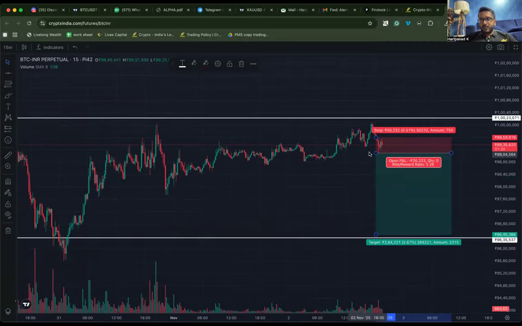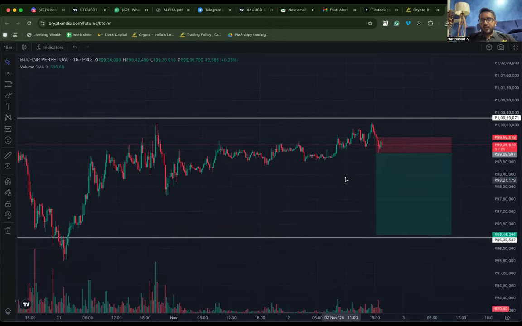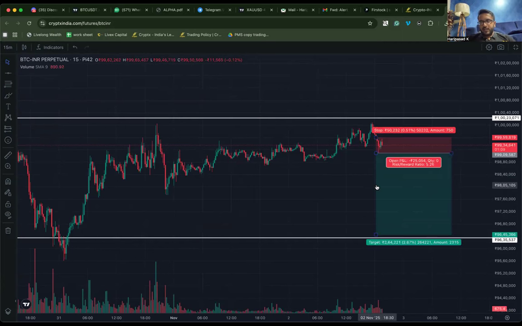As far as the risk to reward in this particular trade is concerned, I could make around 2.64 lakhs profit by risking around 50,000 rupees. So the risk reward ratio seems to be very good. As compared to the risk that I take, the reward that I can make is around 5 times the risk.